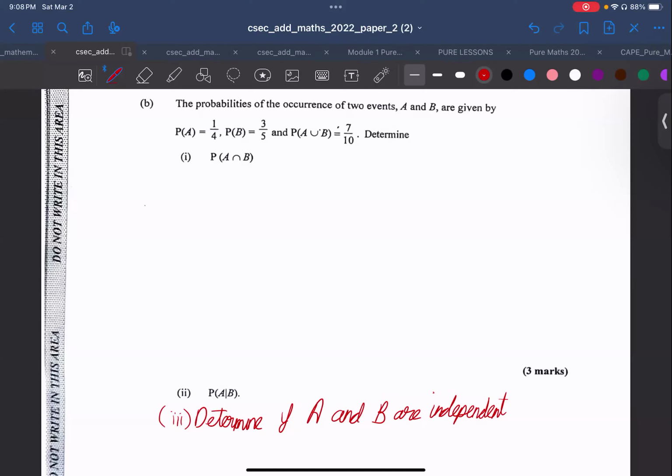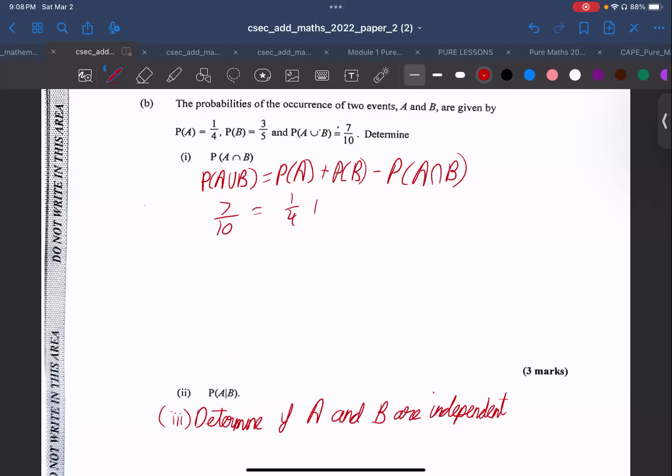Okay, let's do the first one, right? So probability of A union B is the probability of A plus the probability of B minus probability of A intersect B. Let's fill in the blanks, 7/10.